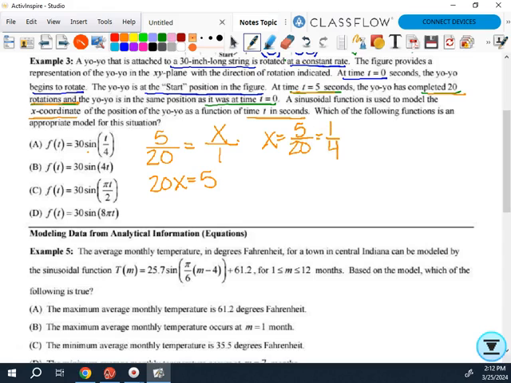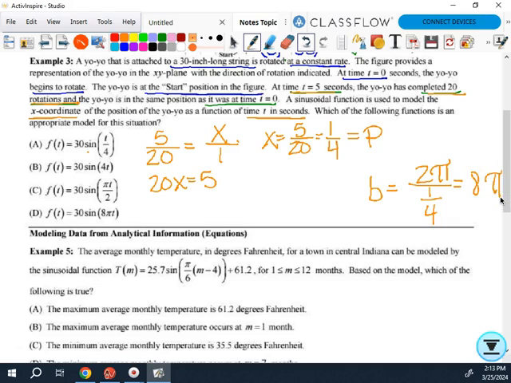Okay. Does that mean my answer is A? No. What does 1/4 represent? The period. Okay. Does P itself belong in there? No. I use that to find B. What goes in the numerator here? 2 pi. 2 pi divided by the period, which is 1/4. What does that give me? Which is 8 pi.